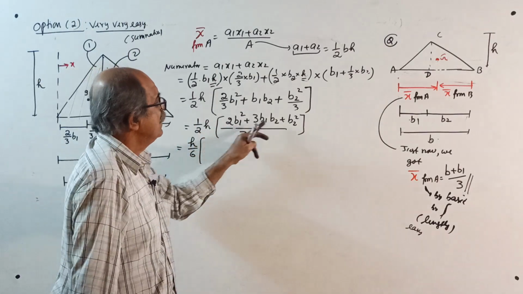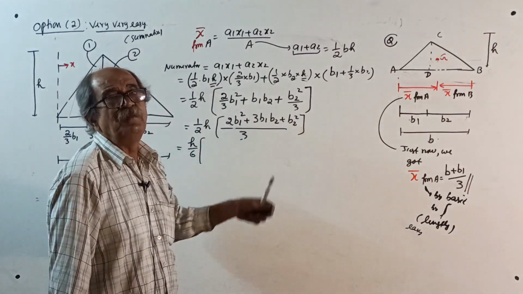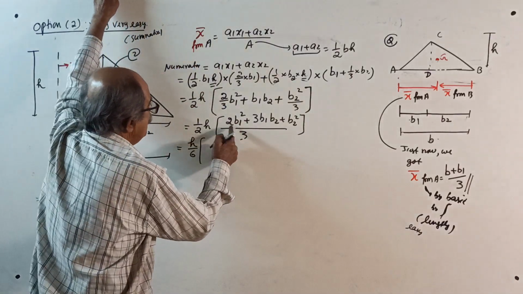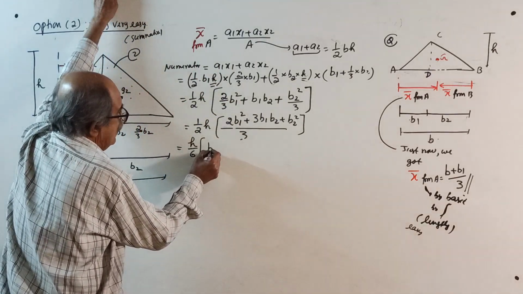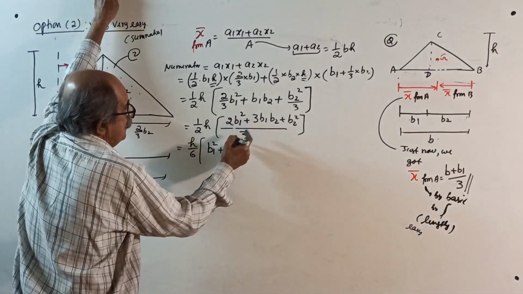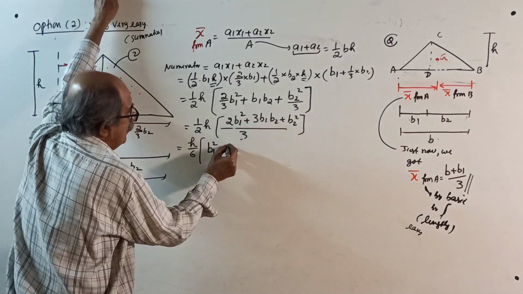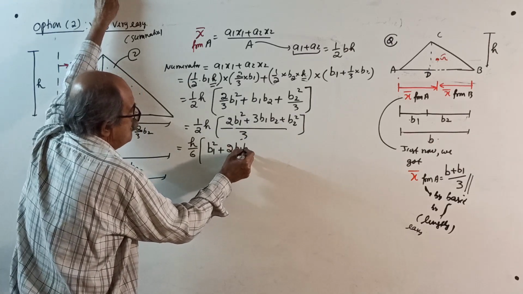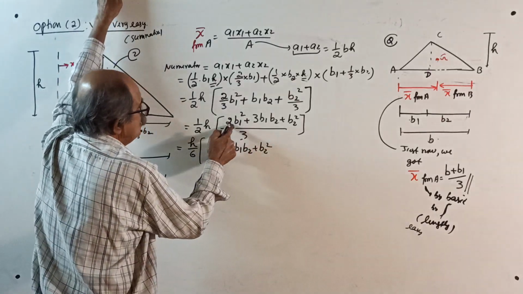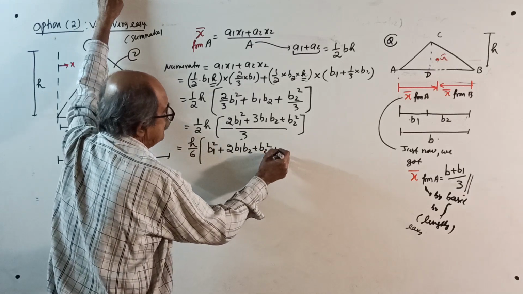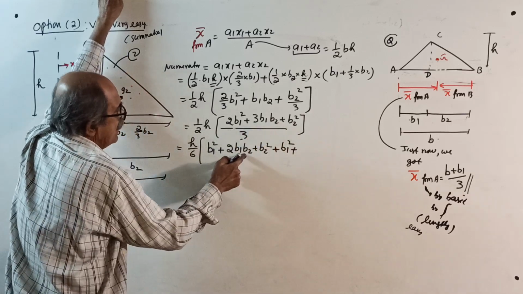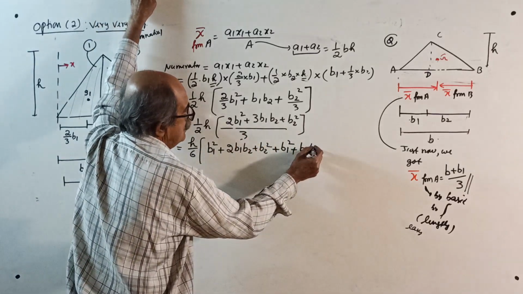There is a B1 square here, a B2 square here, and B1 B2 is there. We want it in the format of (A plus B) whole square, so instead of 2B1 square, I will write B1 square plus B1 square, and instead of 3B1 B2, I will put 2B1 B2 plus B1 B2, plus B2 square. Now what is pending? 2B1 square is there, one taken, next plus B1 square; plus 3B1 B2, 2 already over, plus B1 B2.